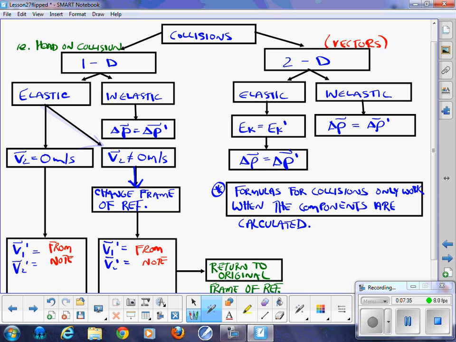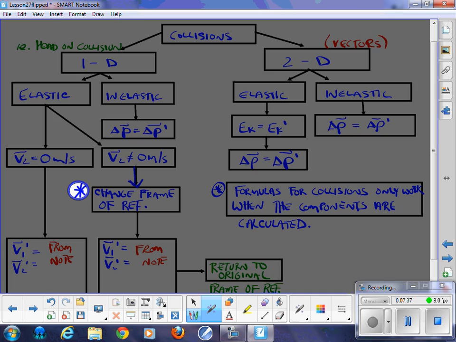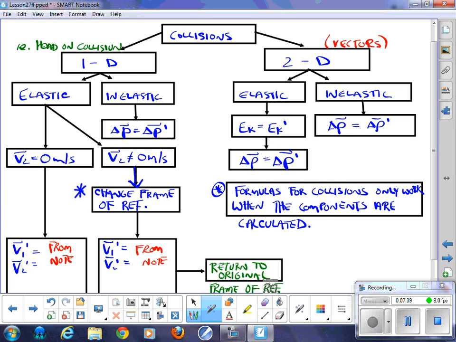I'm going to do an example, so if you're not sure what that means, you're going to see an example of this. Then you use the formulas that we generated from our proof. Then you return to the original frame of reference. That's going to be forthcoming. So this is kind of a chicken and egg situation. I haven't done an example to show that, but it's just showing you the pathway.